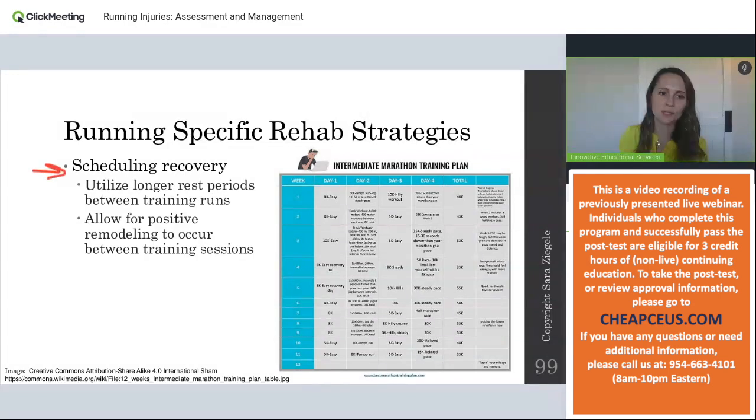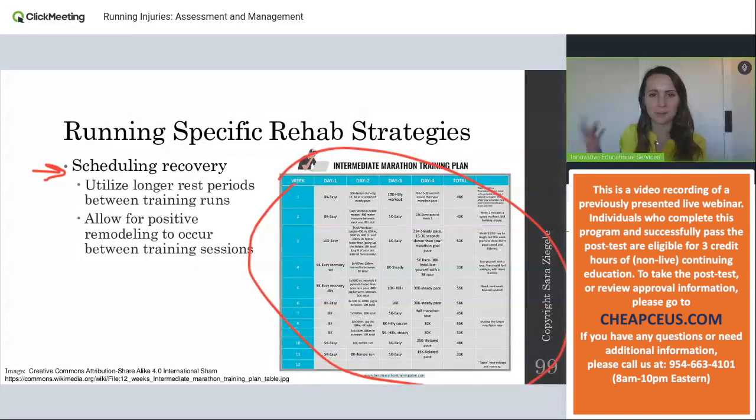Recovery is also really important and something that can also be a hard sell. So when someone brings in their training program, this is just an example of a random training program that someone might bring in. It's really useful to sit down with your runner and actually look at when is their rest, when is their load, and does it seem like we're sufficient? Coming back to our favorite injury threshold curve, right?